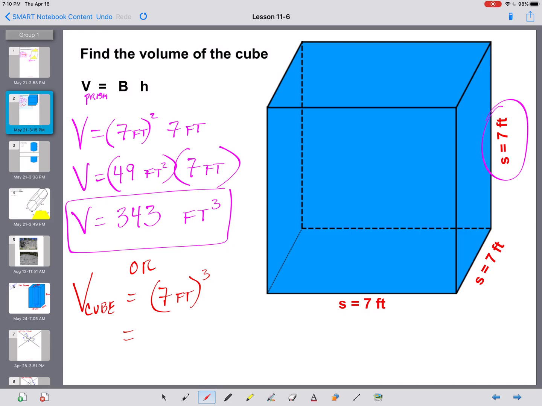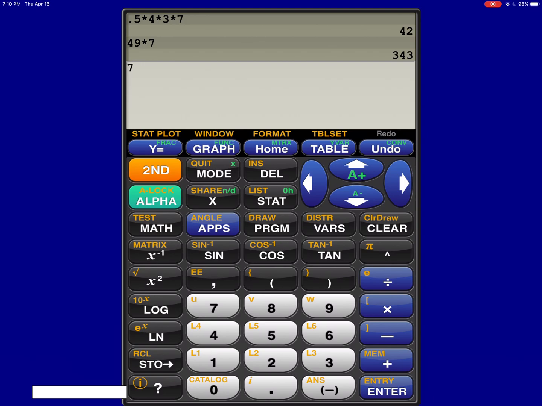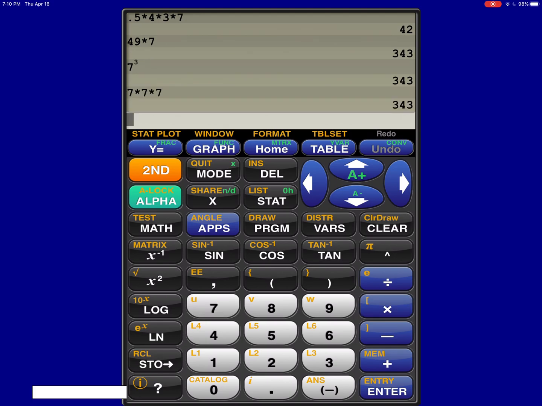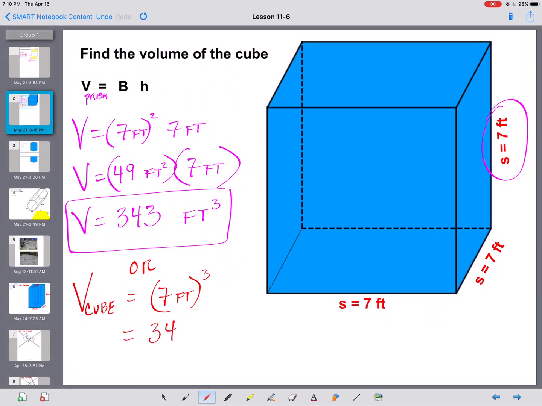In our calculator, I'm going to do it 2 different ways: 7 raised to the 3rd power, 343, or 7 times 7 times 7. I don't care which way you get it, but you get 343. And our units again, feet cubed. There's our volume right there.